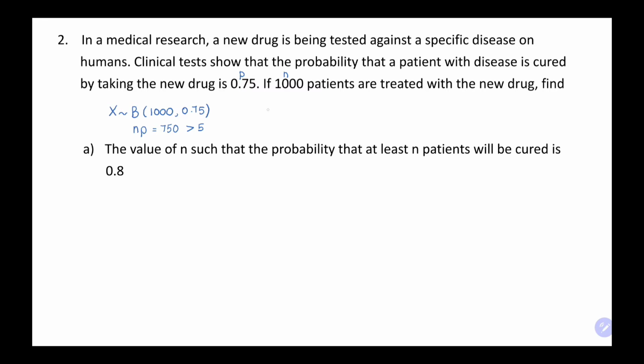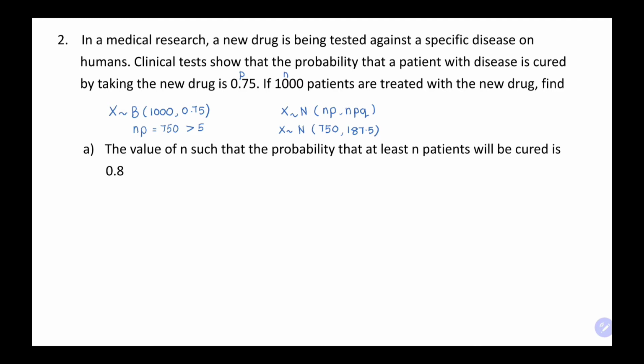Means we need to change to normal. X is normally distributed with NP and NPQ, mean and variance. So we get the answer: N times P we have 750, and NPQ we have 187.5.